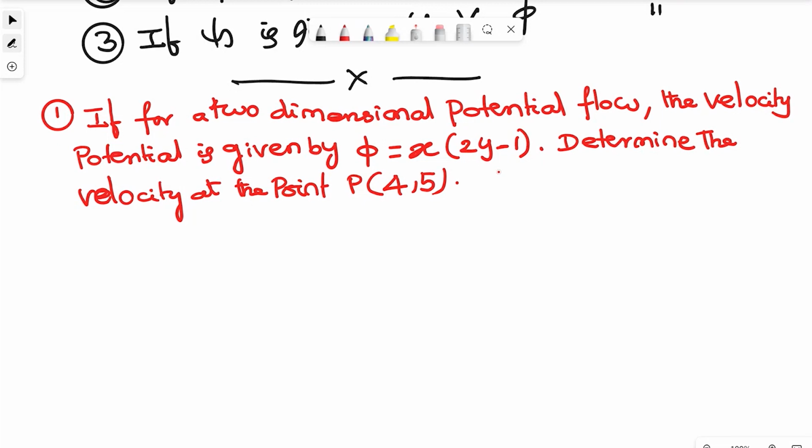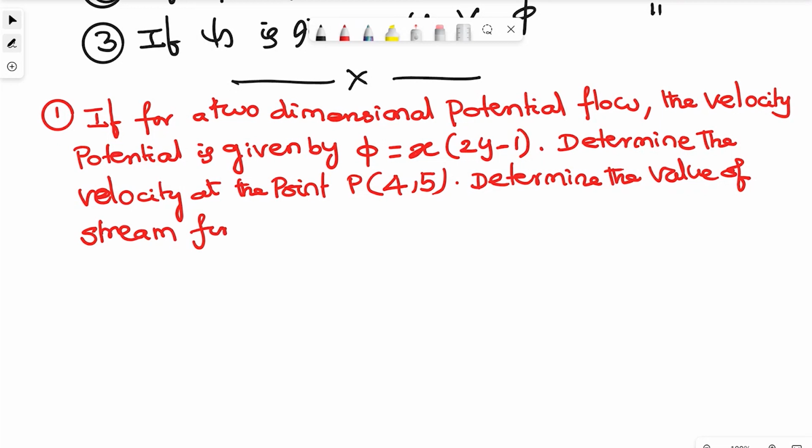Determine the value of stream function at the point P.